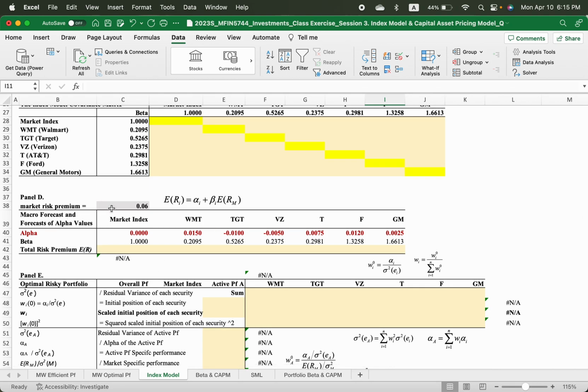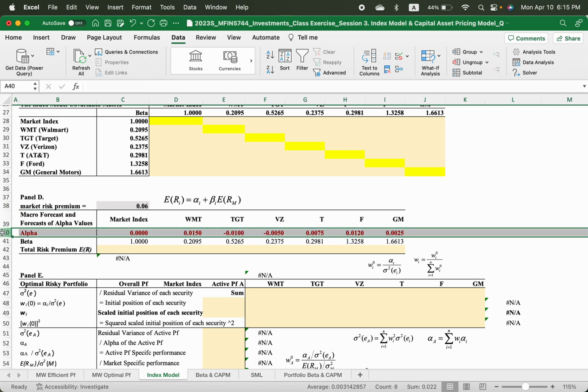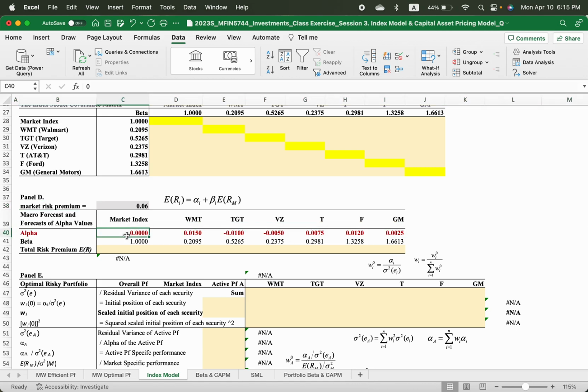And the market risk premium, we have here the macro forecast and forecasted alpha. This alpha is really important because that explains the historical excess return of the securities, but it's also given. Who got this number?